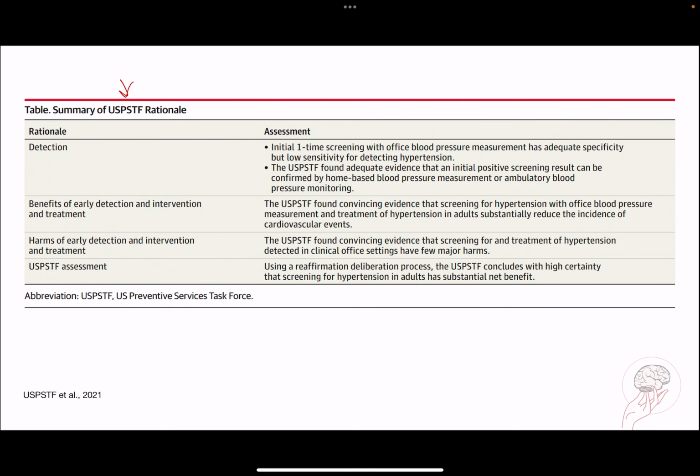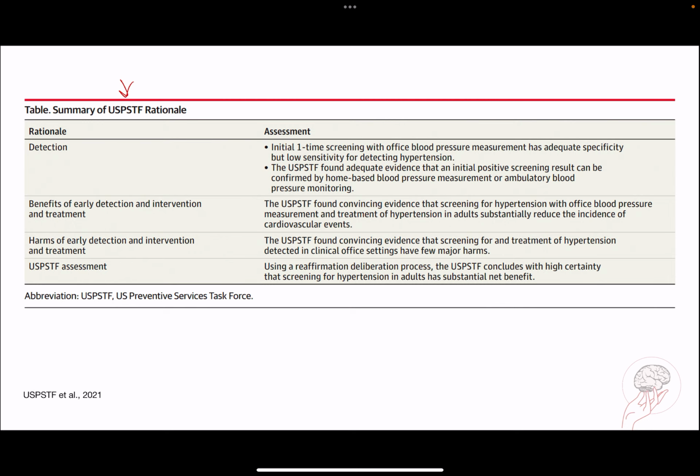some group of doctors, found adequate evidence that an initial positive screening can be confirmed by at home blood pressure measurements. So you may have an abnormal screening at the doctor's office, and you can confirm that abnormal measurement at your home.